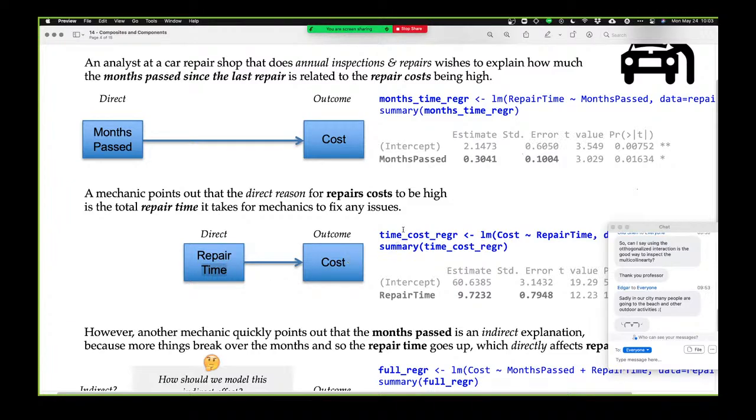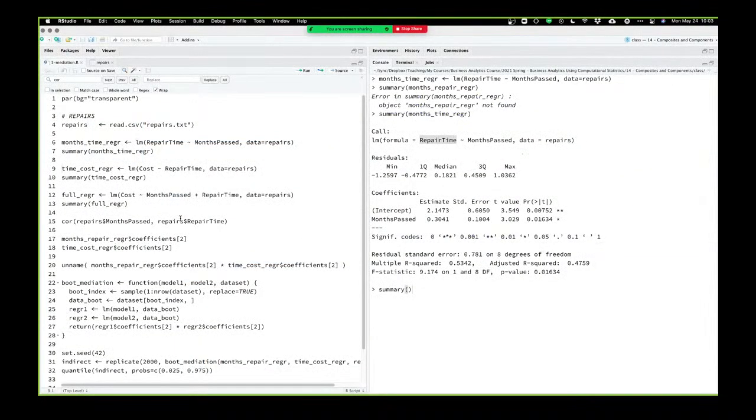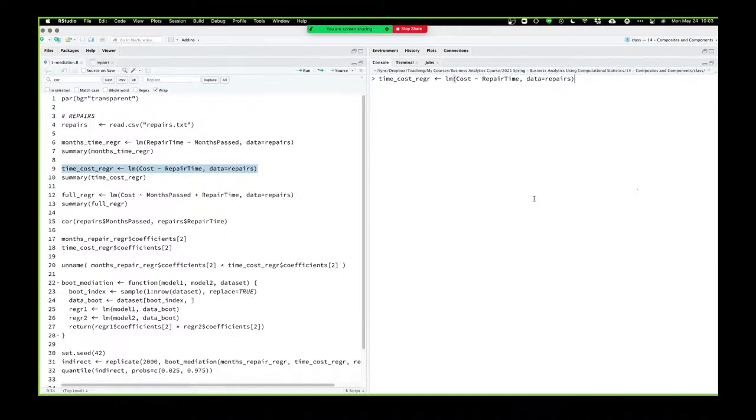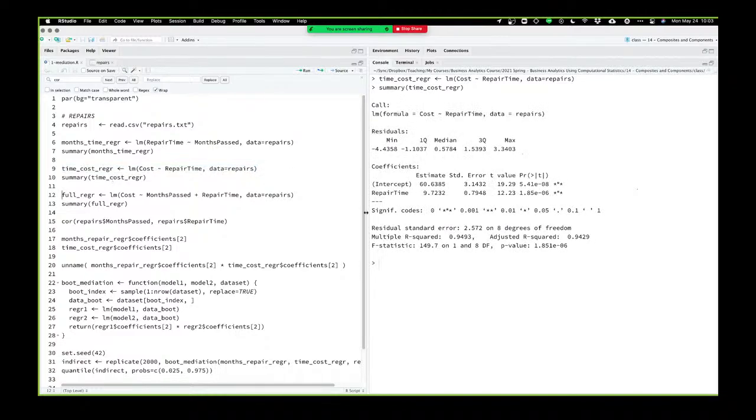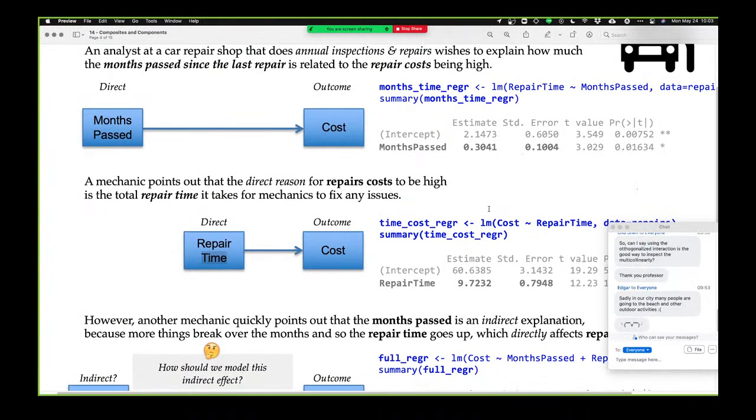So another way of explaining why the cost has gone up is because the repair time has gone up. It takes more time to inspect and repair the car if you haven't had it looked at in a long time. So that's this regression right here, where I'm regressing cost over repair time. And when I look at this, I also find here a very strong relationship between the repair time and the cost. All right. So there's a few stories going on in here.